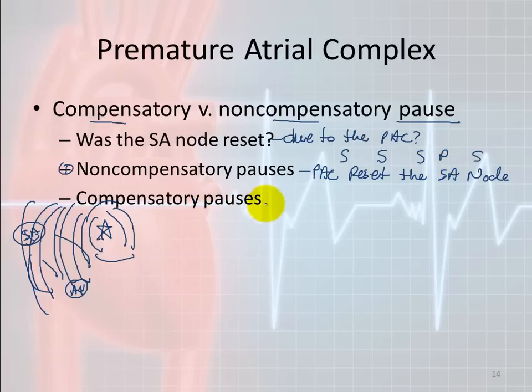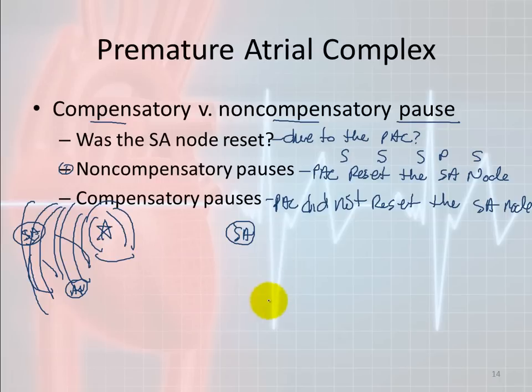In a compensatory pause, this means that the PAC did not reset the SA node. So if I have my SA node up here and my AV node down here, and here I have my internodal pathways, let's say that this PAC fires off right here.